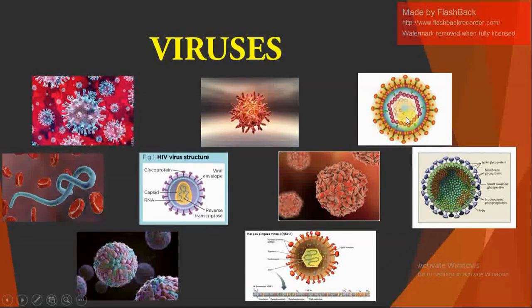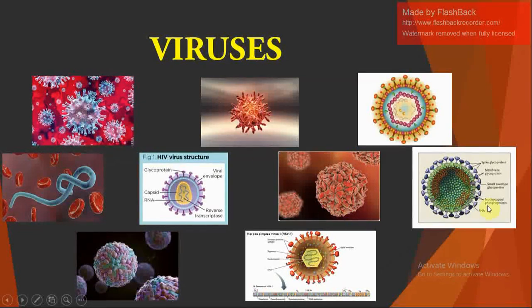The second photograph is the common cold virus. The third photograph is of polio virus. This fourth one is Ebola virus. This is HIV virus. HIV means human immunodeficiency virus that causes the disease known as AIDS. And this photograph shows the HBV virus, hepatitis B virus.